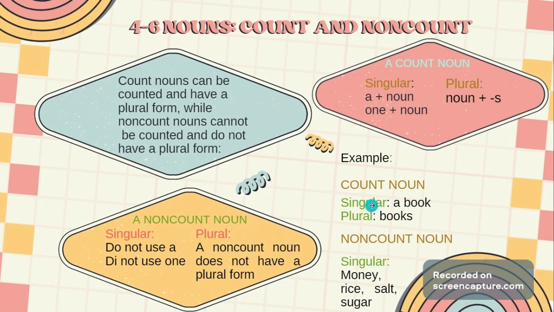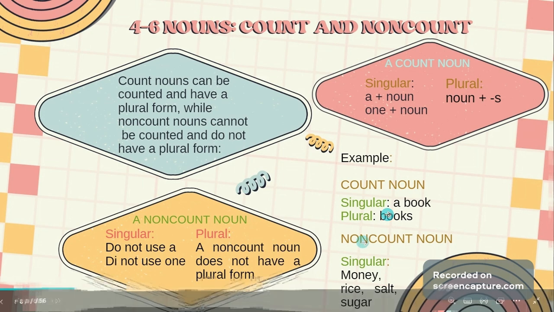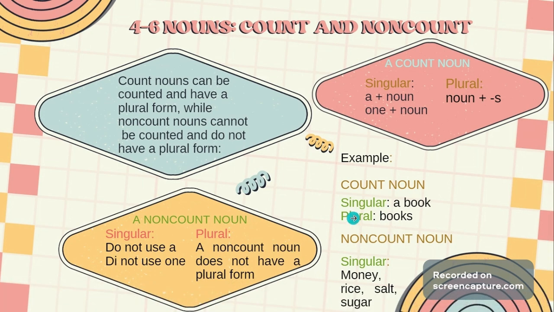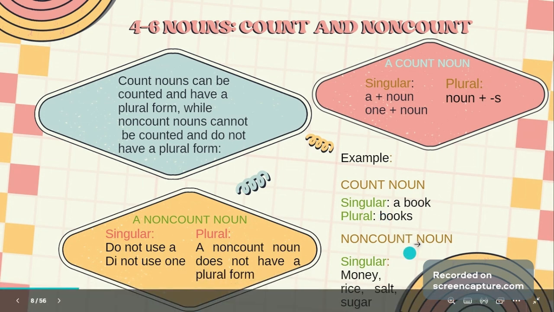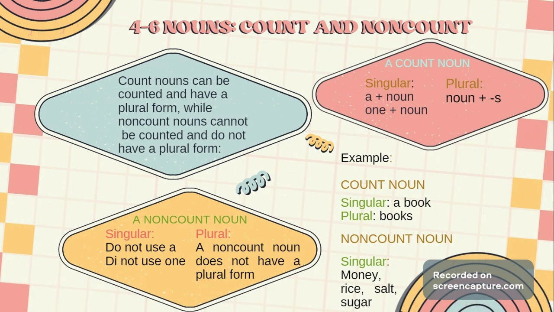And non-count nouns in singular are money, rice, salt, sugar. So they don't have a plural because they cannot be counted, like salt. Who can count how much salt she put into his fried rice.